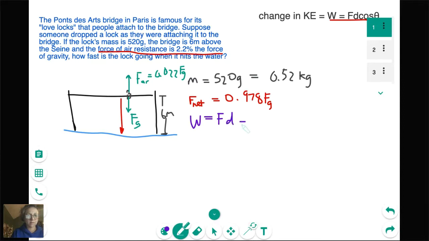And so that force is going to be 0.978 times the force of gravity, which we know is just mg. So it's going to be, okay, that is a terrible looking parenthesis. Let's try that again. Okay, 0.978 times mass times gravity. So this is 0.52 for the mass, and then acceleration due to gravity, 9.8.